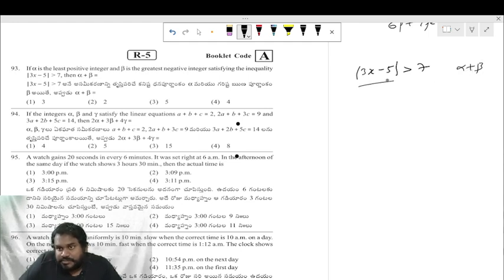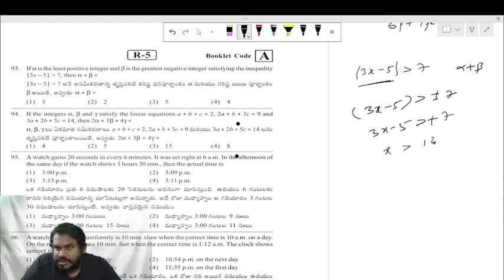See, for this type of modulus, we'll just remove that modulus and make it plus or minus 7. Then 3x minus 5 greater than plus 7, one condition we get. So x greater than 12 by 3, this is 4. And 3x minus 5 less than minus 7 is the other condition. Then x less than 5 minus 7 divided by 3. It is nothing but minus 2 by 3.